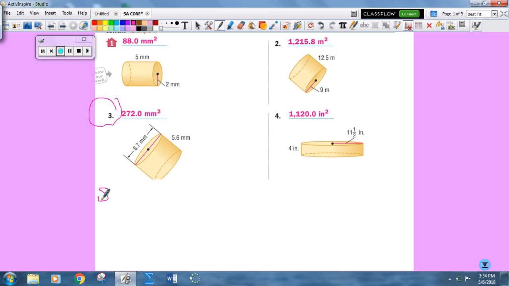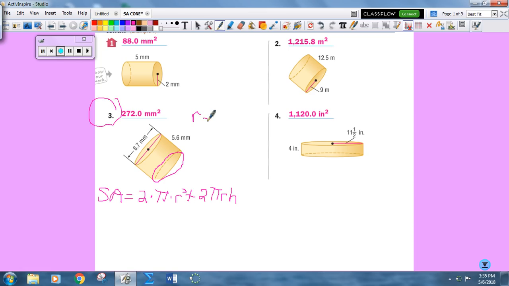So to remind you, the surface area of a cylinder is 2 times pi r squared. That is the area of the two circles, the top and the bottom, plus 2 pi rh. That is the area of the rectangle or the soup ladle. So in this case, 8.7 is the diameter.